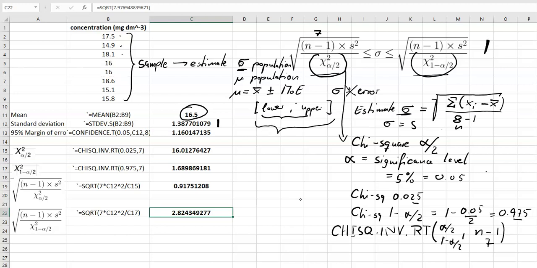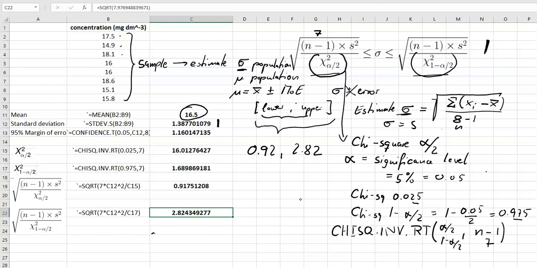So we are 95% convinced, or we are highly convinced, that the true standard deviation of the population for which we have calculated the sample is basically somewhere between, let's say, 0.92 and 2.82, just rounded. So our standard deviation is somewhere in between.